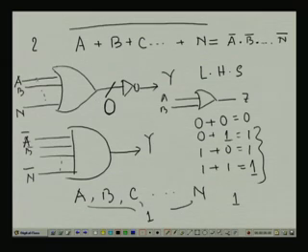When each of this A, B, up to n will be 0, and if this value is 0, then y equals 1.